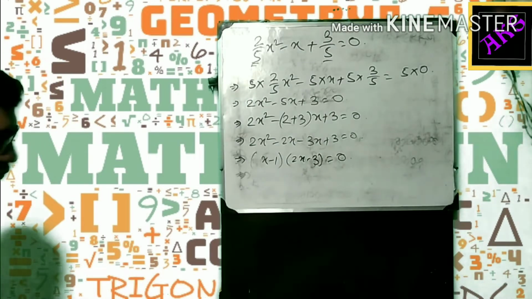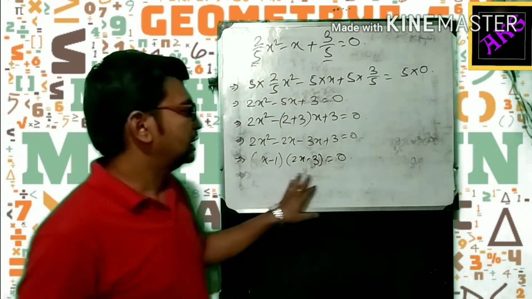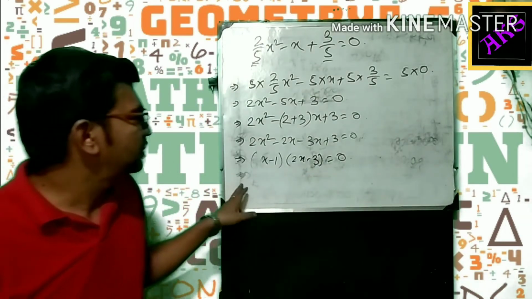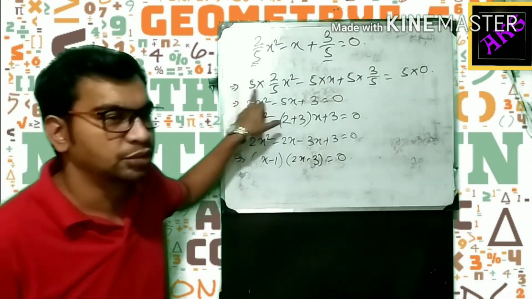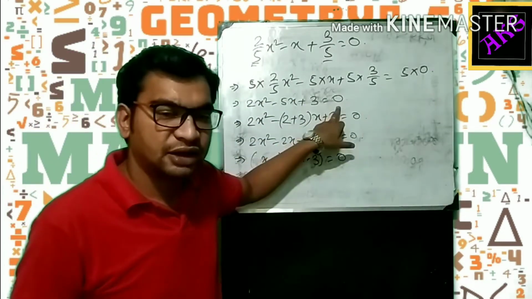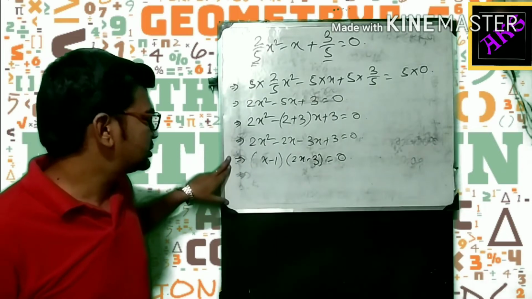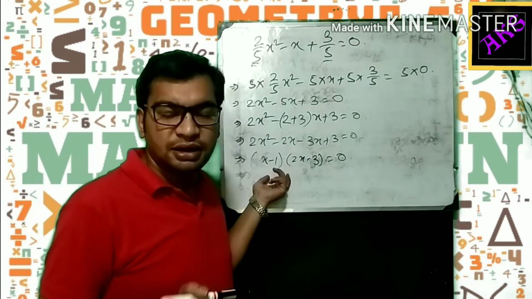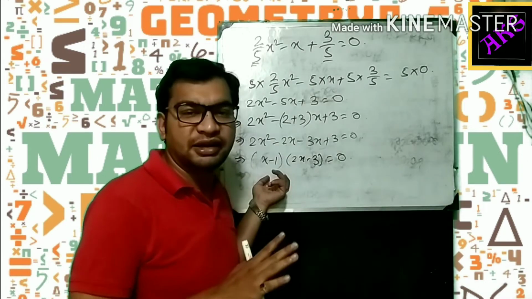That's how we can factorize it. This was our step number 3. So what was our step number 1? Step number 1 is to remove the fractions. Step number 2 is to write it in the standard form, and step number 3 is to factorize it and express it in terms of the product of the factors.